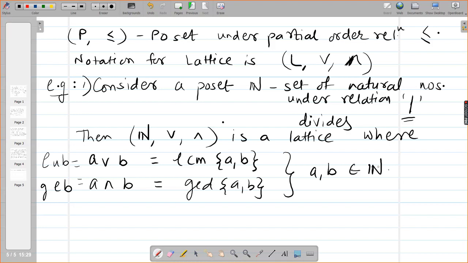So for any two natural numbers, LCM and GCD, meaning join and meet, will always exist if you consider the set under the relation divides. If you consider any subset of N also, the same thing happens.